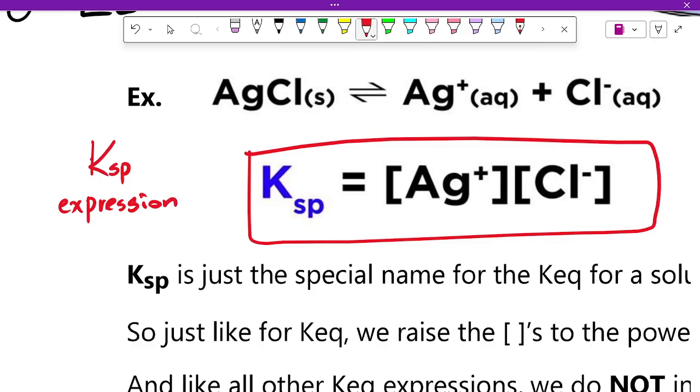Okay, and just like your Ka expression, anytime you use a Ksp, you need to write the Ksp expression.